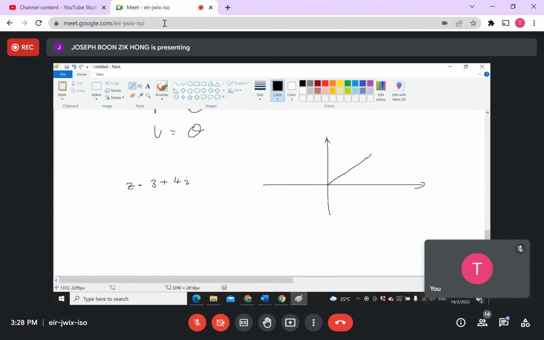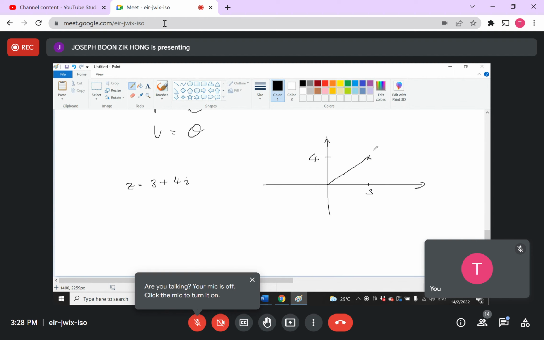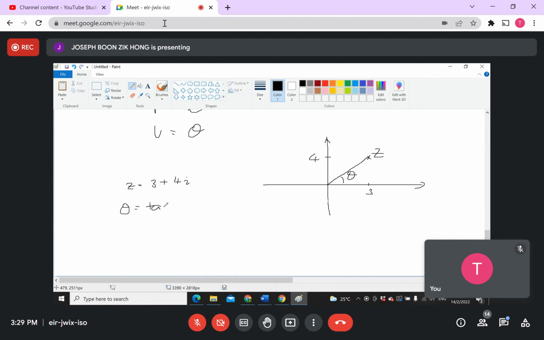So this is 3, this is 4, I'm just estimating, and this is your z. When you want to find the argument, theta will be tangent inverse of 4 over 3. I don't know what that is. Sorry, let me get my calculator.